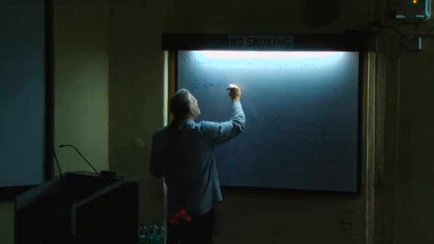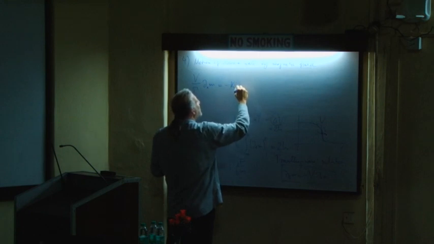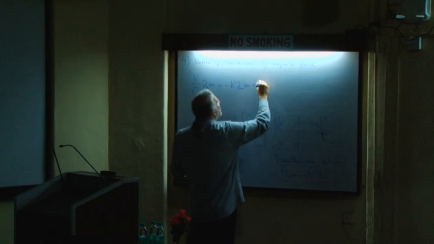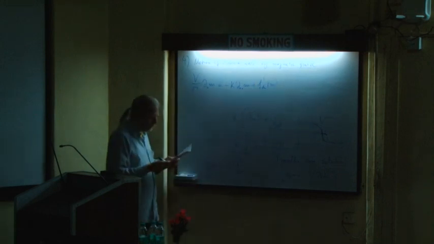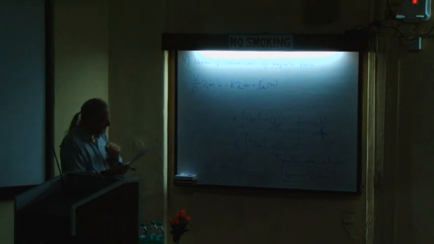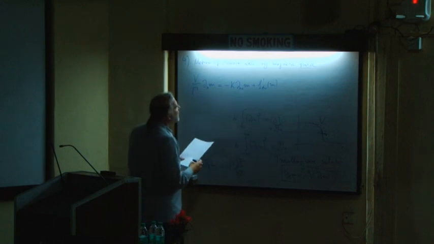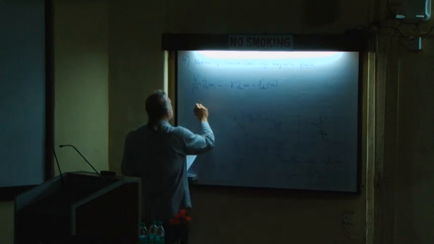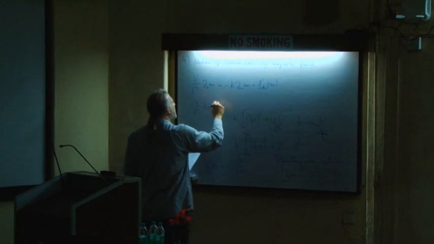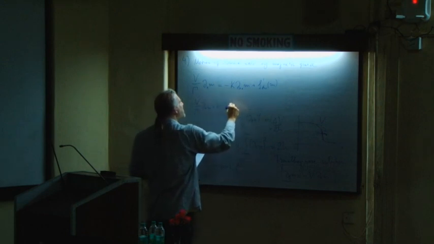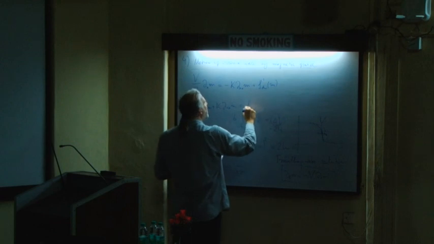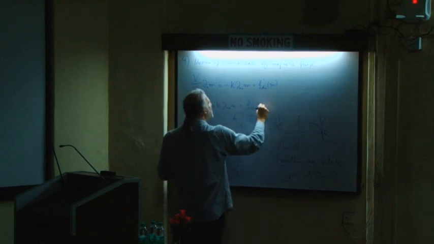So I have minus kappa dxxm plus f prime double well of m. So I just put this on the other side. v over gamma dxm plus kappa dxxm is equal to f prime double well of m.